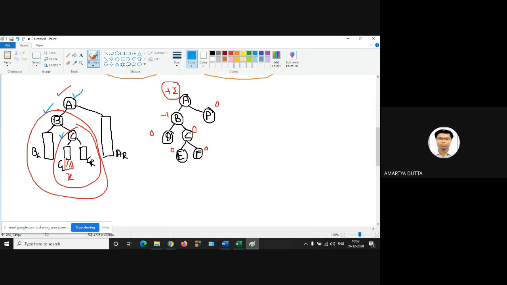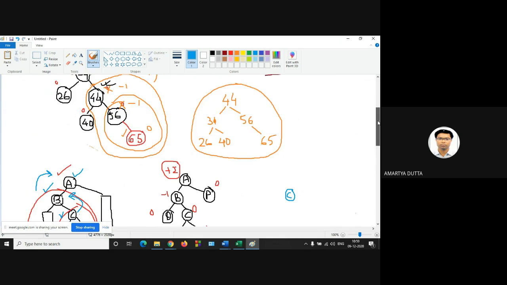Then RR is followed by LL. So first of all, there will be one RR rotation, and then again there will be an LL rotation. So after two successive rotations, C will be your root.